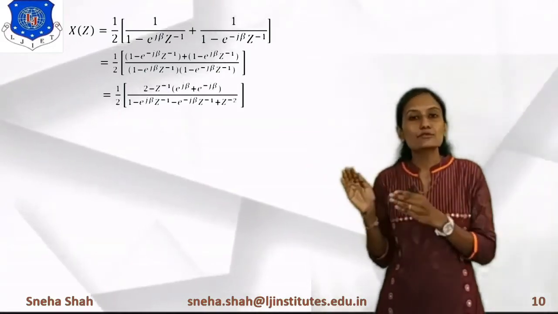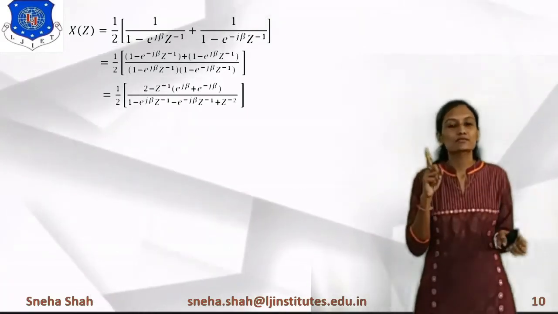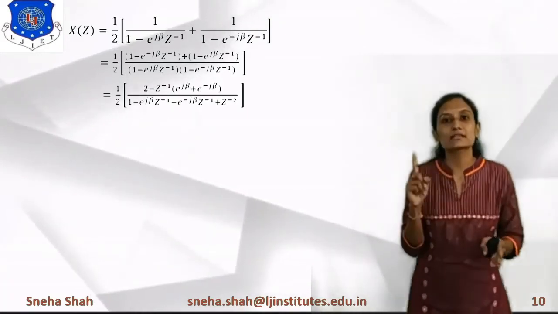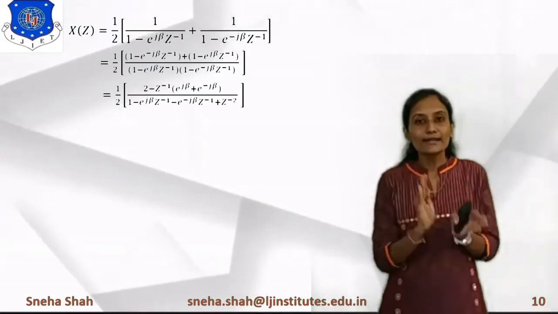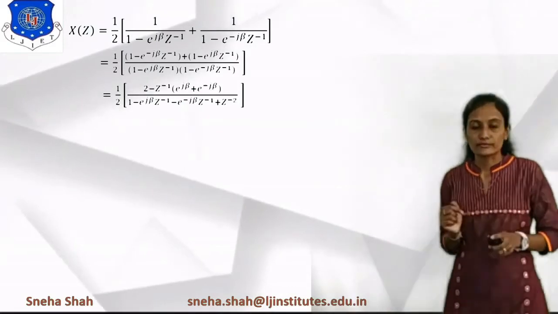Now z inverse into z inverse means z raised to minus 2, and e raised to j beta into e raised to minus j beta equals e raised to 0, and the value of e raised to 0 means 1. So 1 into z raised to minus 2, the final term is z raised to minus 2.